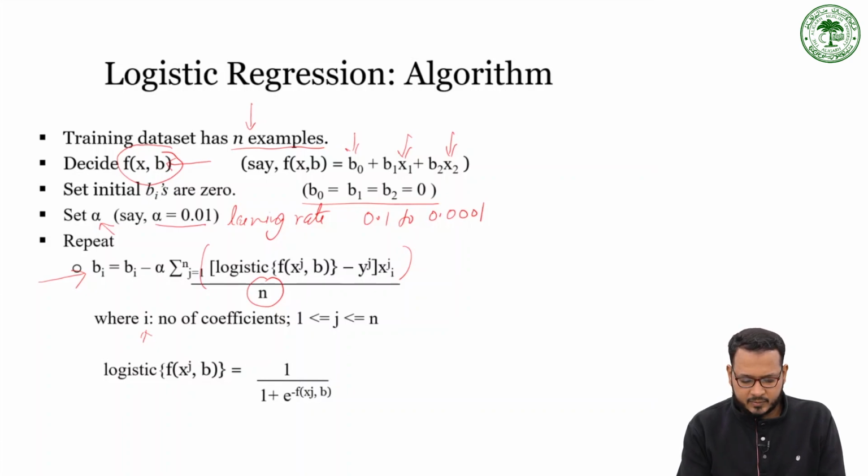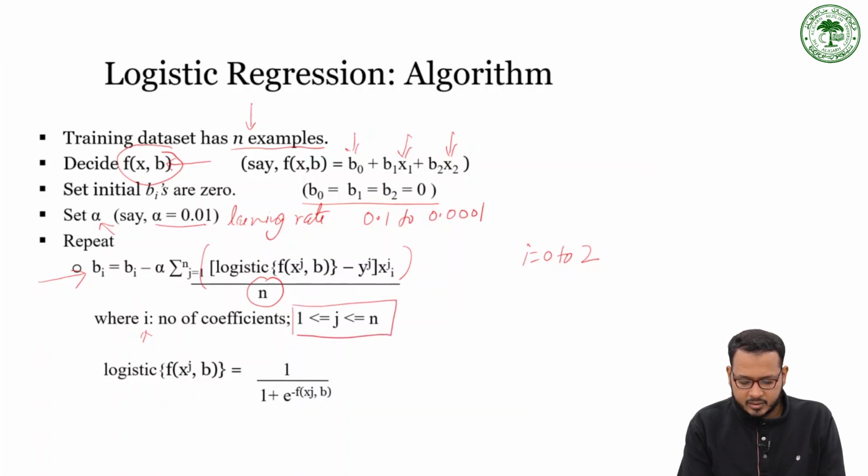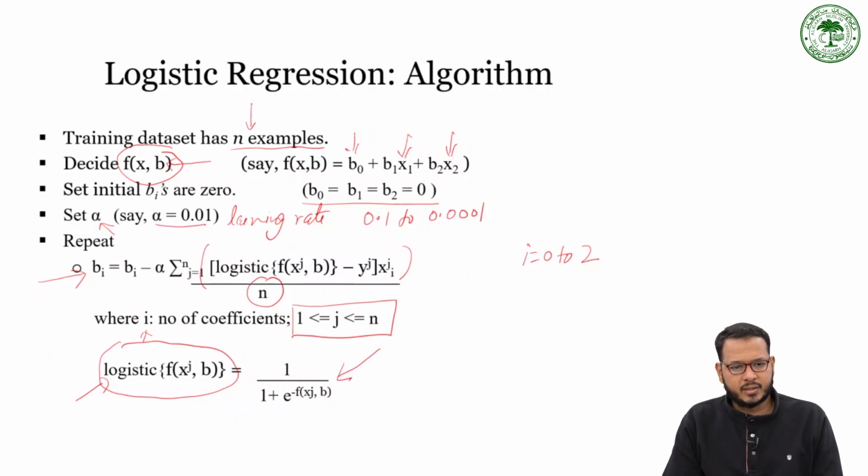In our specific case, i varies from 0 to 2, and j represents the number of examples, which vary between 1 to n. Here the logistic function f(xj, b) can be calculated like this.